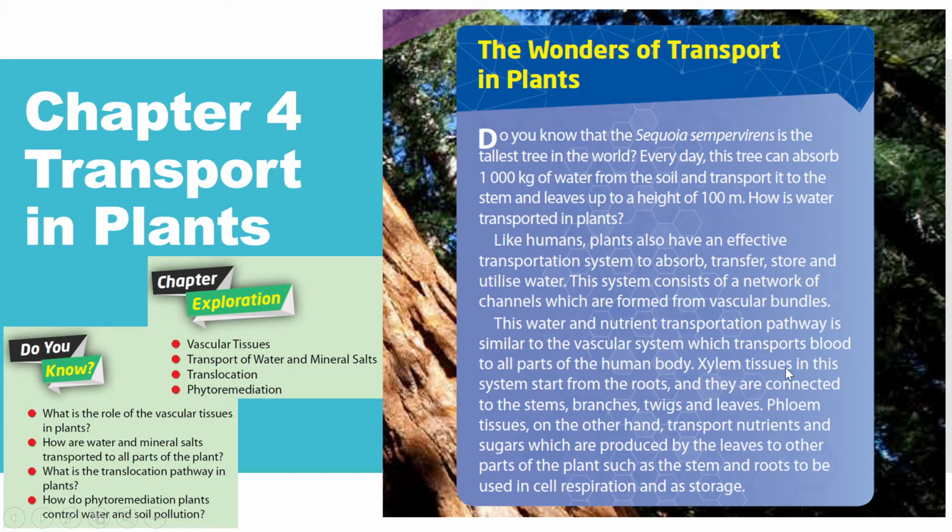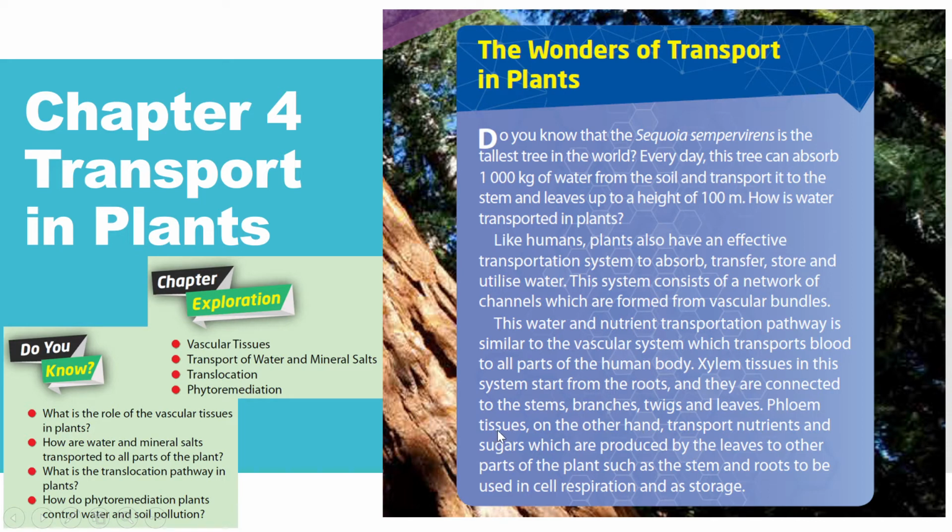So xylem tissues in the system begin from the root and are connected to the stems, to the branches, to the twigs, and to the leaves. So there's a network, there's connection among all these organs. And also for phloem tissues, there's connection.